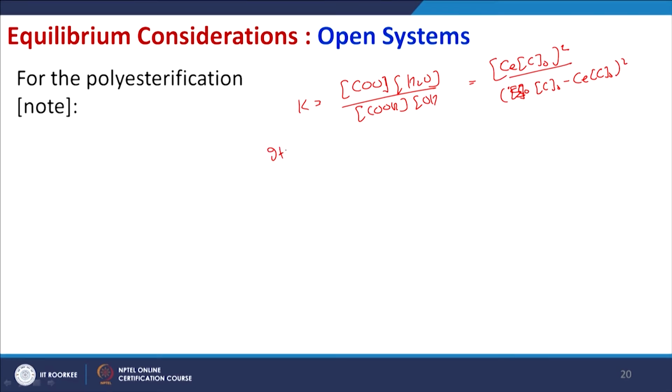Now, it can be written as K is equal to C_H2O times C over C squared.